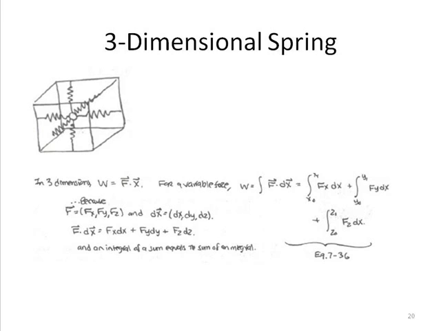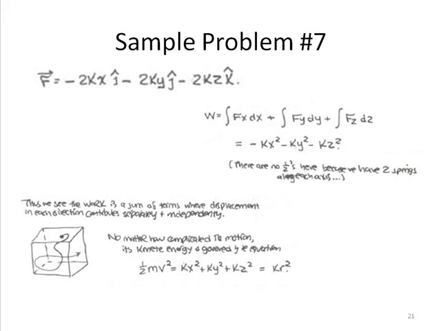Notice we have 2 springs in the x direction, 2 in the y, and so on, but we can simply use the same expression with the equivalent value k, as we've shown in the previous example for a one-dimensional mass attached to 2 springs. So we have 3 relations: the work due to the displacement in x, the work due to the displacement in y, and the work due to the displacement in z. And they're all equal, which is basically because we set up the same spring constant in each case.